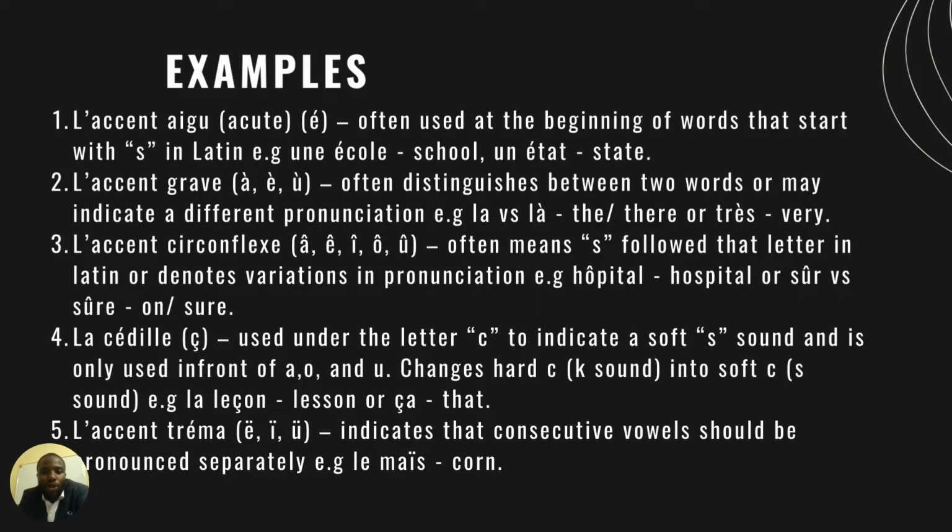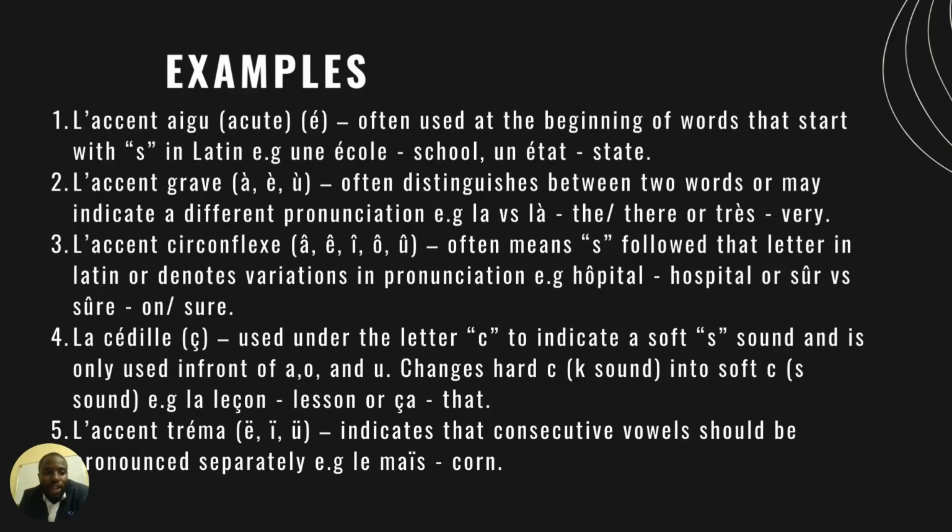So it means that the O is followed by an S in English. Hôpital, which is hospital. Or sur and sûr. Sur means on, and sûr means sure. So it also gives variations in pronunciation in that second case.